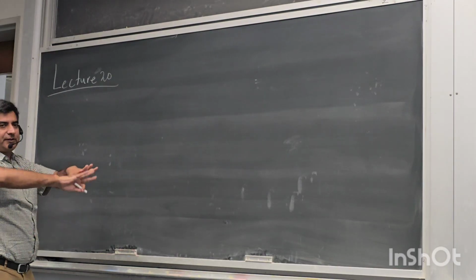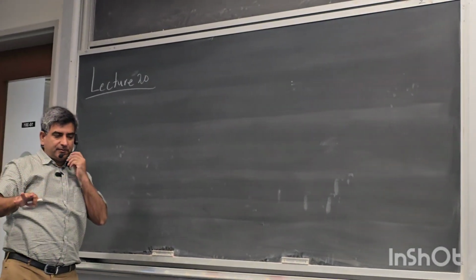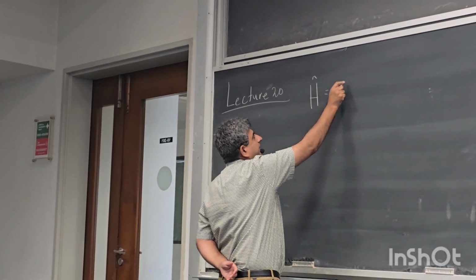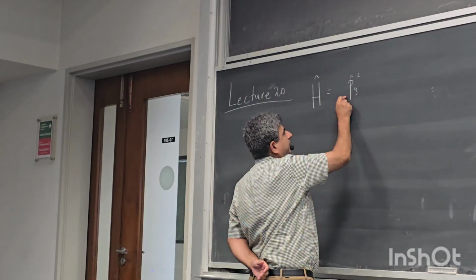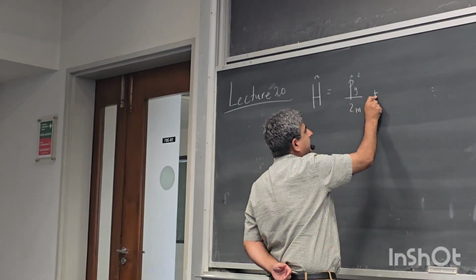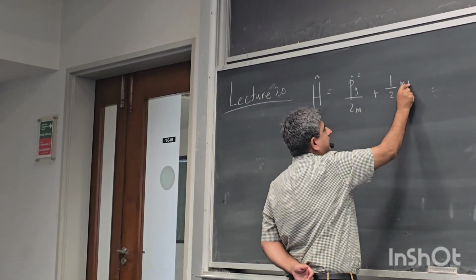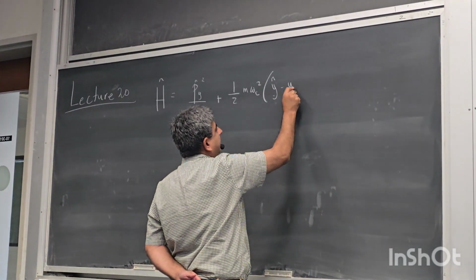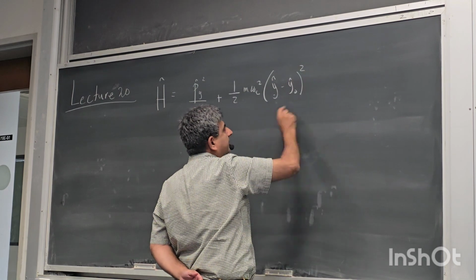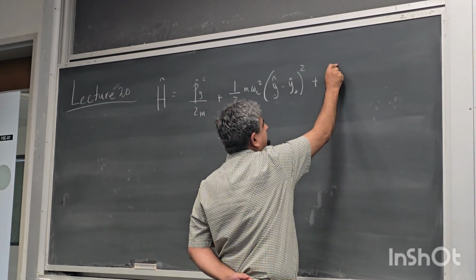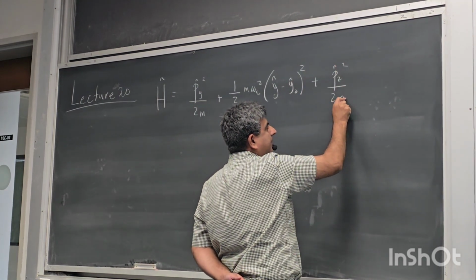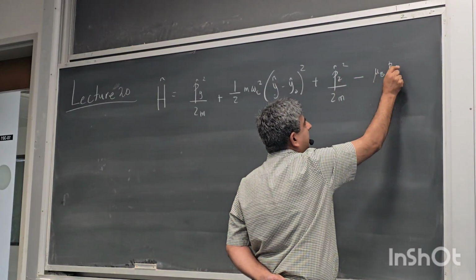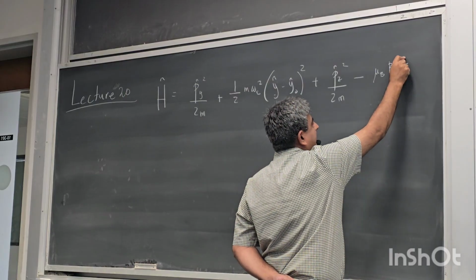And the Hamiltonian for this sea of electrons, this plasma of electrons, is given by Py square over 2m plus half m omega c square (y minus y naught) square plus pz square over 2m plus minus mu b sigma z, Pauli operator.